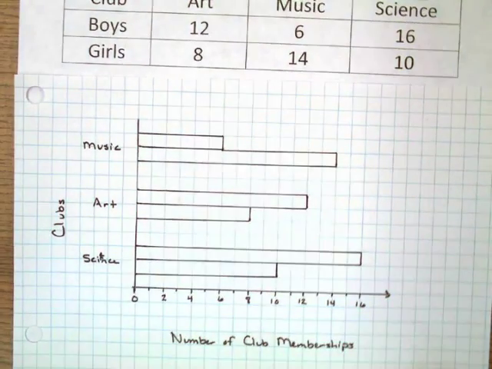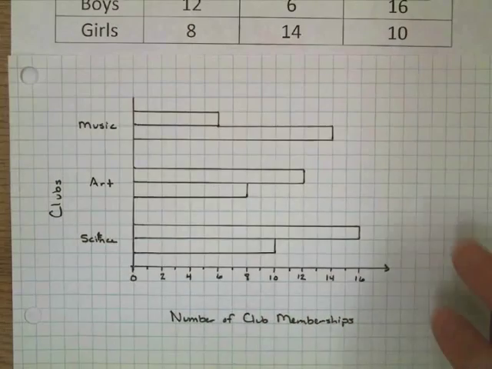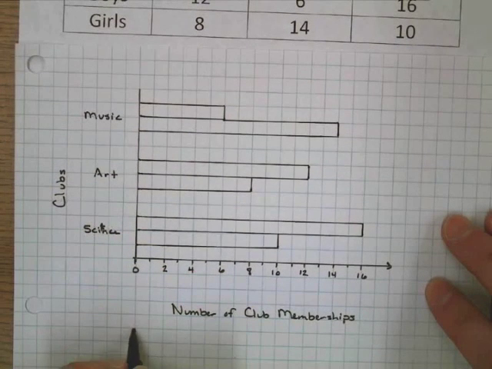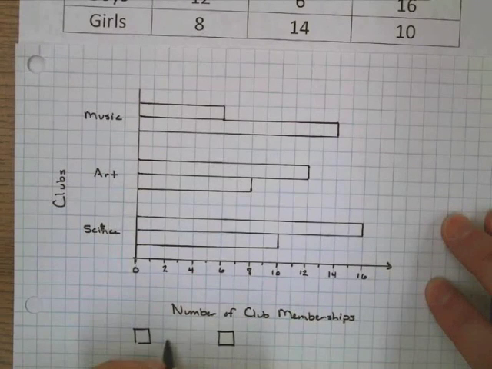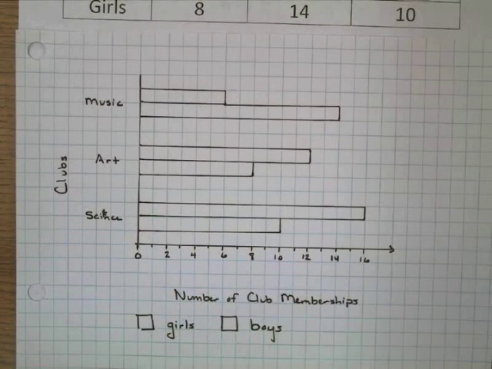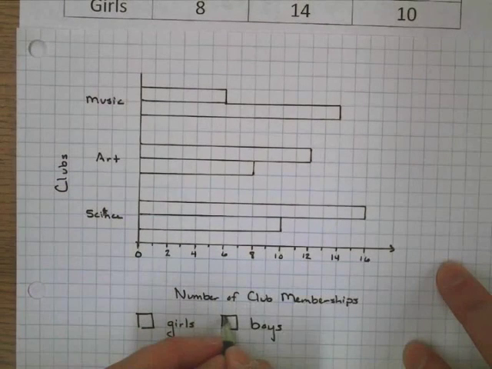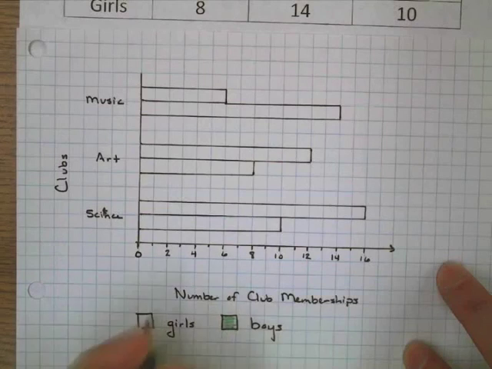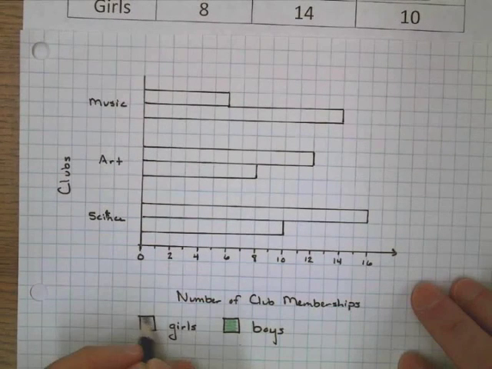So now I have all my data graphed out, but I need to know precisely which is the girls and which is the boys. So I'm going to, down here, use color. And when I use the different color, I need to make sure that I'm giving a key so that I know that boys are going to be green, and the girls are going to be a purple.